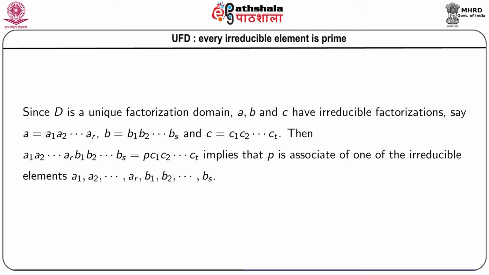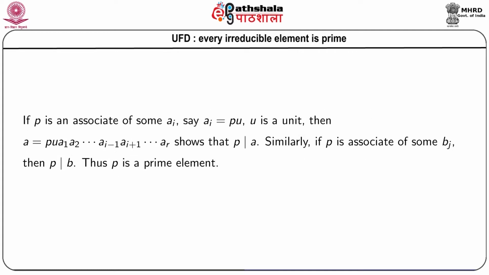Since D is a unique factorization domain and here the elements in the products on both sides are irreducible elements, P must be an associate of one of the irreducible elements A1, A2, up to Ar, B1, B2, up to Bs.